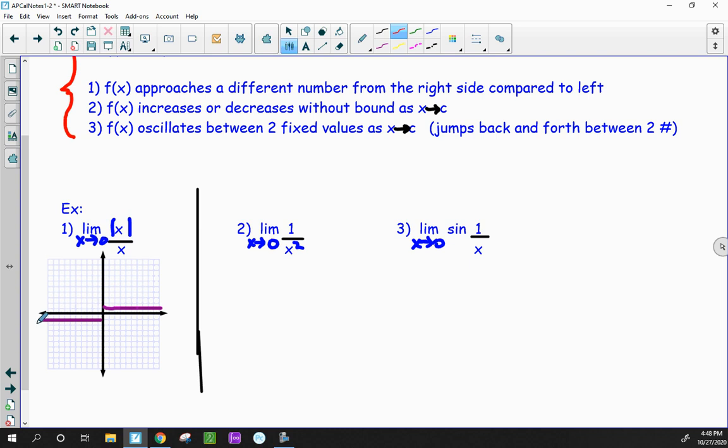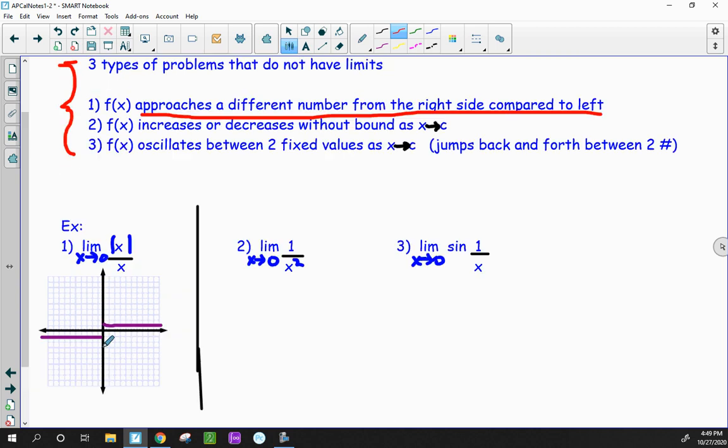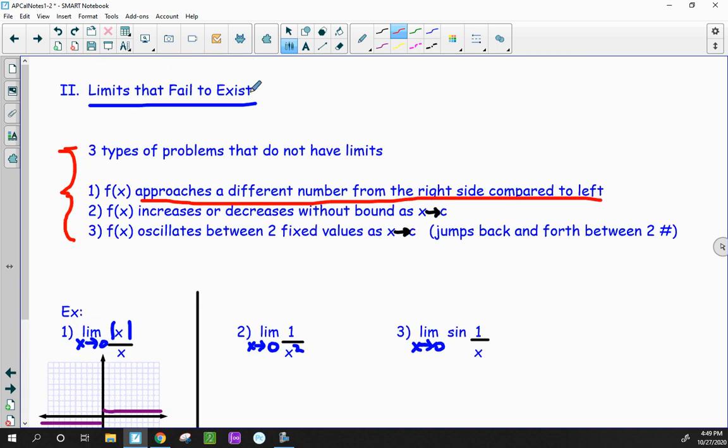So that's confusing. When I'm looking at it from left to right, it's one answer. When I'm looking at it from right to left, it's another answer. Because of that, this one does not have an answer. And that's based on this: if f of x approaches a different number from the right side as compared to the left, then there is not an answer. It fails to exist.